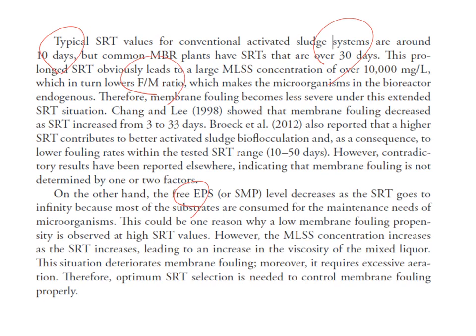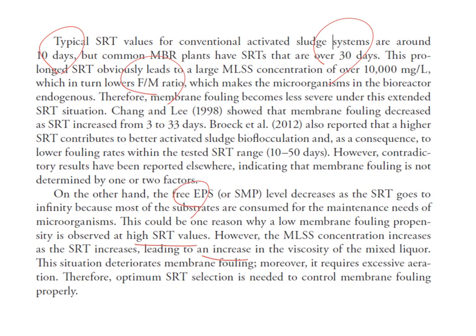So if we increase SRT, the free EPS decreases because most of the substrate is consumed for the maintenance needs of the microorganisms. This could be one reason why low membrane fouling propensity is observed at high SRT values. However, MLSS concentration increases as the SRT increases, leading to an increase in the viscosity of the mixed liquor in the reactor.